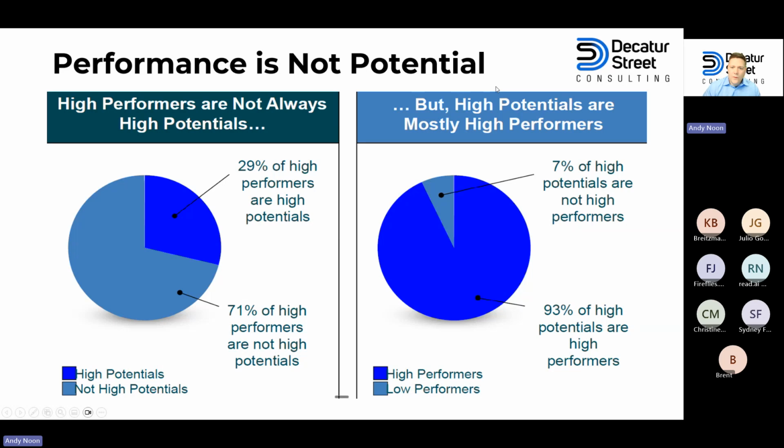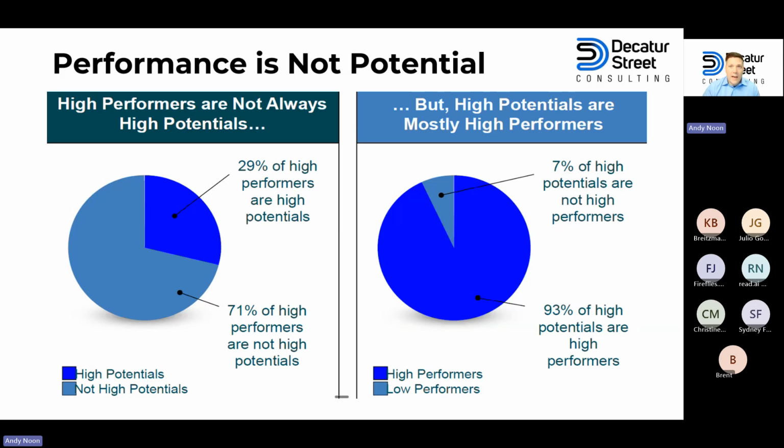And I'll end this look at challenges as it relates to succession with this last one, which is the idea that performance is not potential. There's research, which is actually relatively dated at this point, but I think the point is the right one. And having done this for so many years, I'd say it still holds. It's the idea that high performers are not always high potentials.